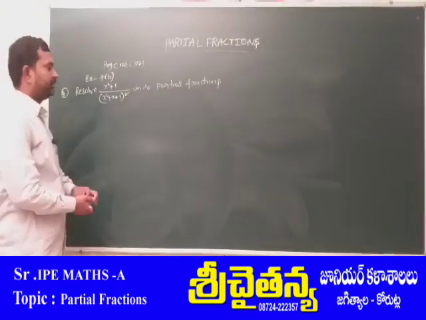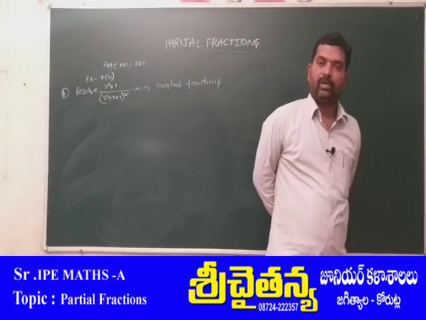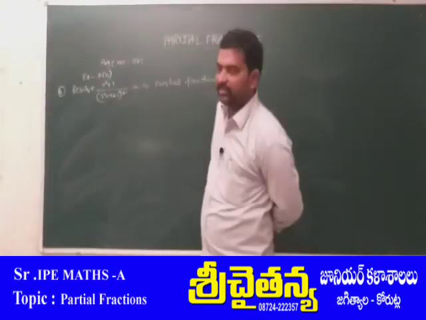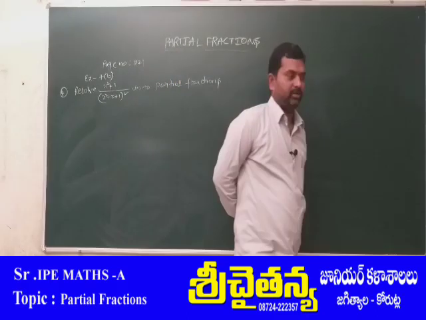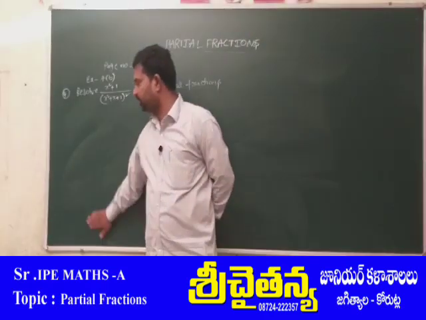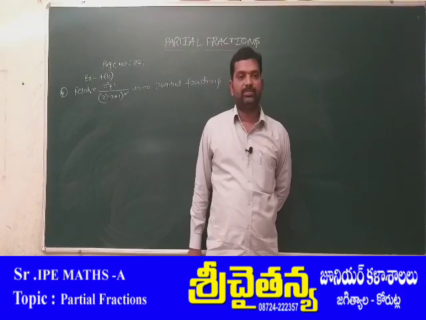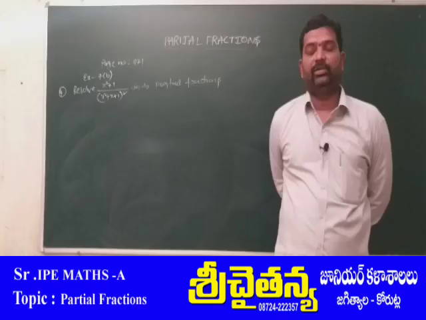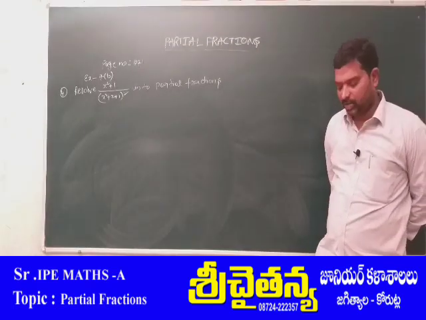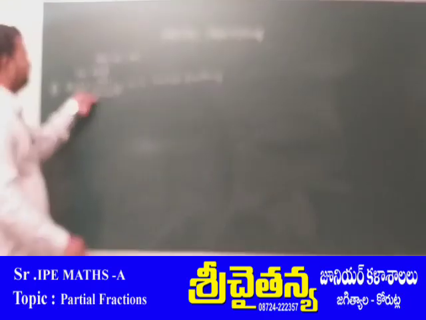First you check here: is this a proper rational fraction or an improper rational fraction? Proper rational fraction. Why? Because the degree of f of x is less than the degree of g of x. Very good. Now check, this question is in which rule? In the denominator, x square plus x plus 1 is an irreducible quadratic polynomial, and it is repeated.